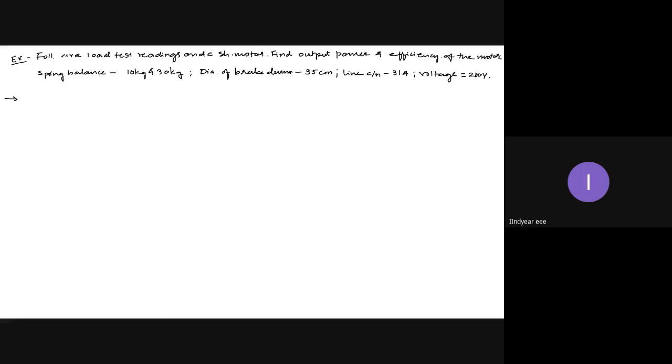The readings are spring balances 10 kg and 30 kg. Let me note down the given things. I will take S1 as 30 kg and S2 as 10 kg.